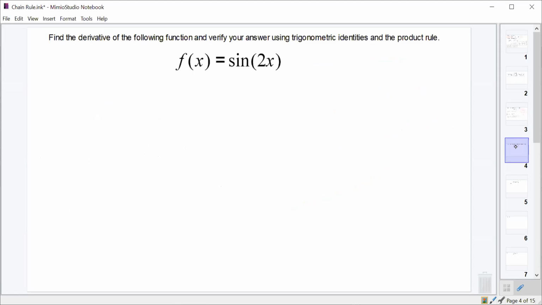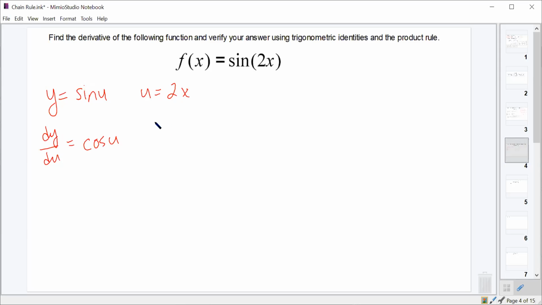Next one. Let's take a look at f of x equals the sine of 2x. So if f of x is the sine of 2x, how could we write this as a composition of two functions? We could say y is equal to what? Sine u, with u equal to just that 2x. What is dy du? Cosine u, just the derivative of sine, right?